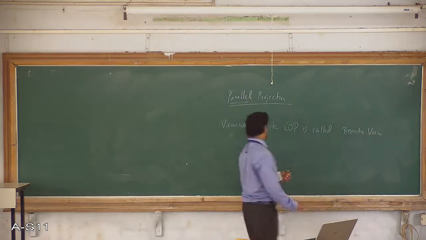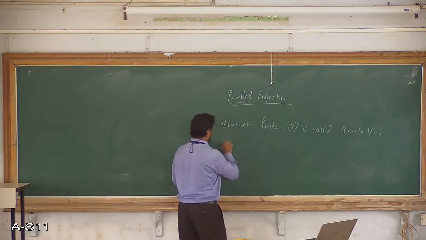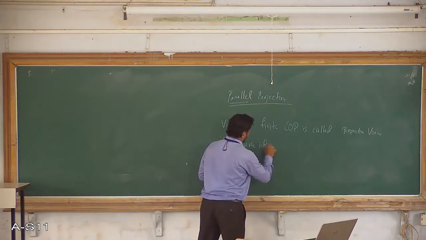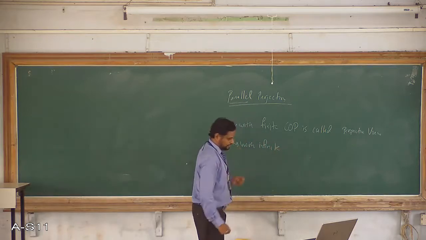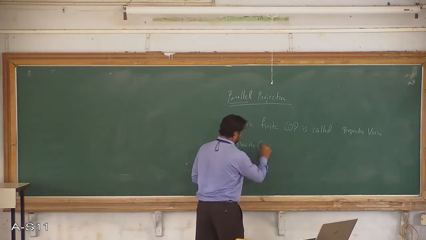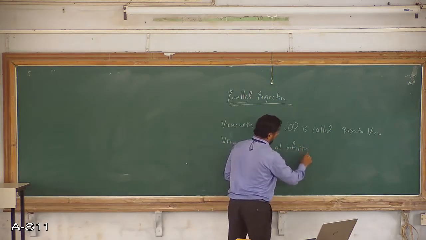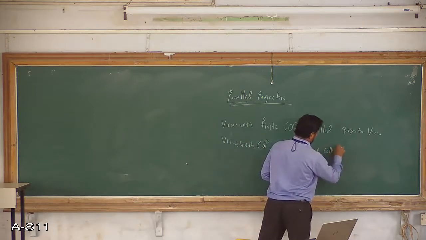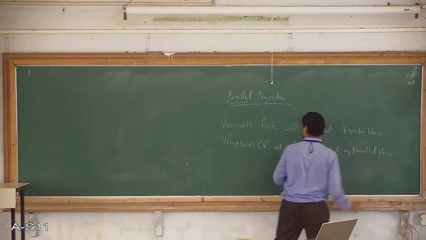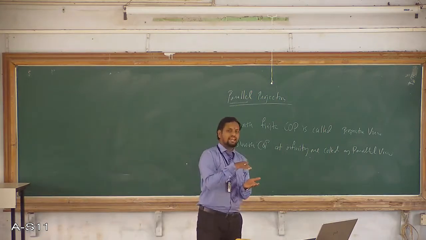Fine. Views with infinite COP, I can write completely, views with COP at infinity are called parallel views, because the COP is not meeting, in the sense that both the parallel lines are not meeting each other.